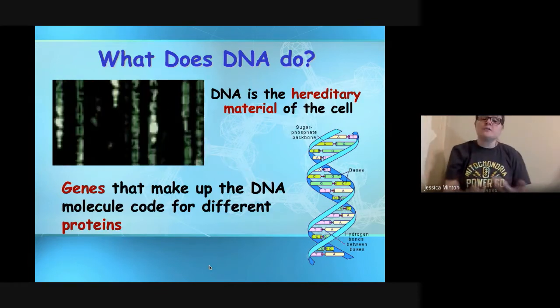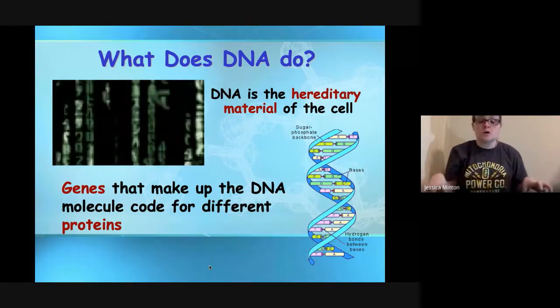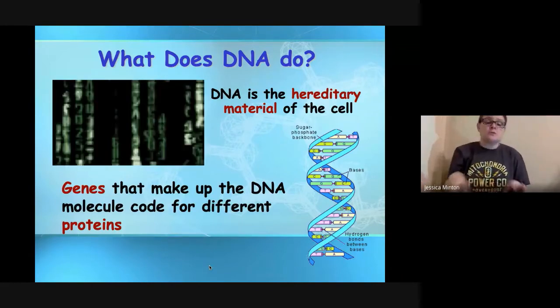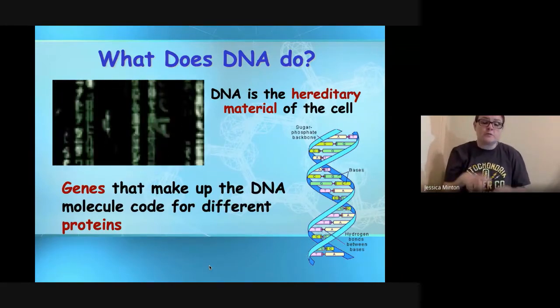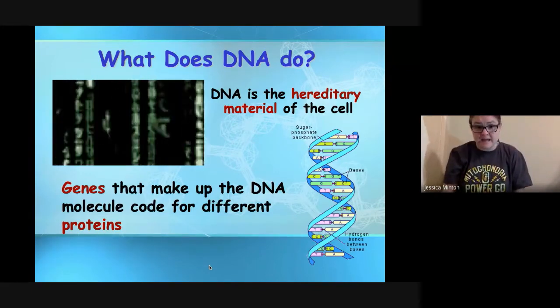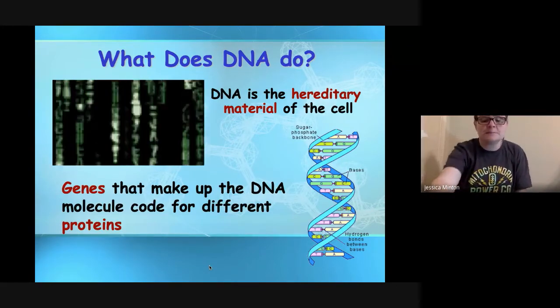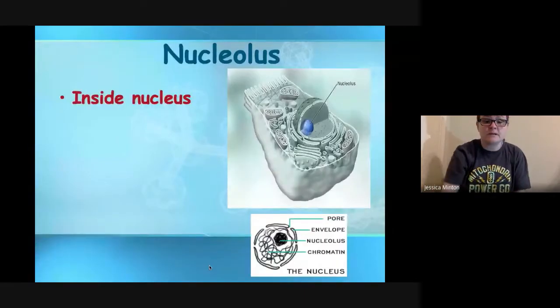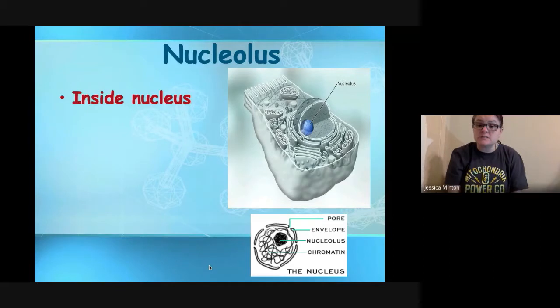Okay, so you've got those things, and those all are going to make up who I am. These genes also make up the molecular code for all of the proteins that my body is going to have to sustain life.